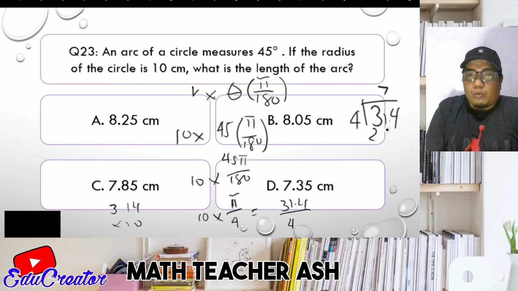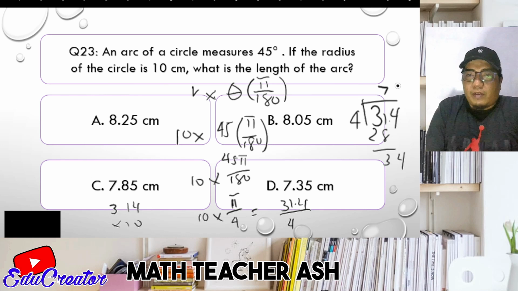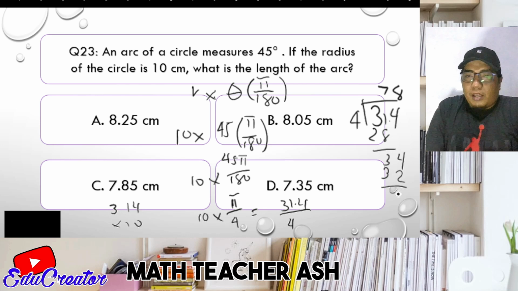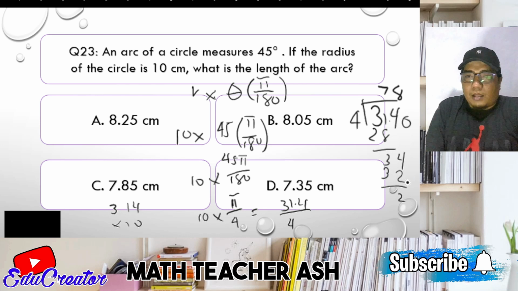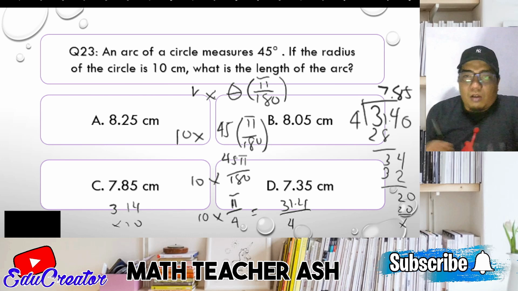7 times 4 is 28. We still have 34 here. Then we have 8. 8 times 4 is 32. You still have 2 there, so add a 0. So 20 divided by 4 is 5, with 2 decimal places. So we have 7.85 for that answer.